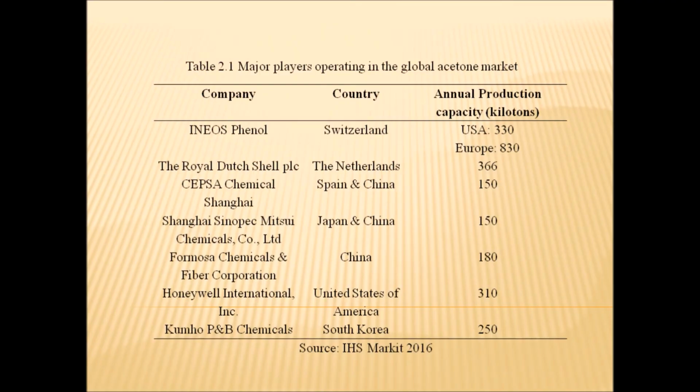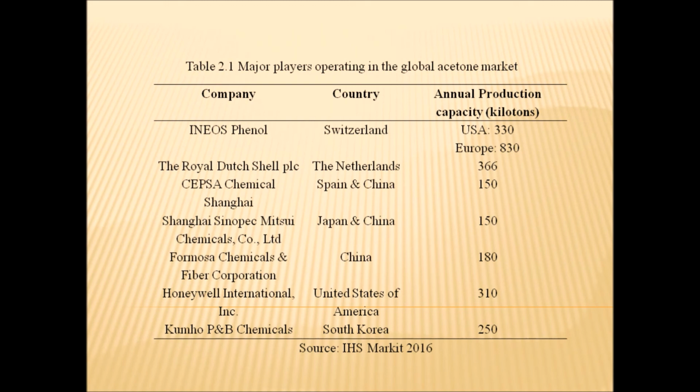For the major players operating in the global acetone market, the largest acetone producer in the world is Ineos Phenol, which originated from Switzerland, with a total production capacity of 1160 kilotons, followed by Royal Dutch Shell, the Netherlands company, with 366 kilotons.